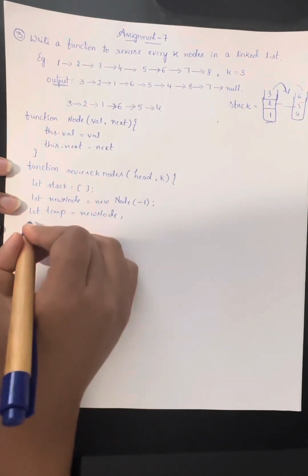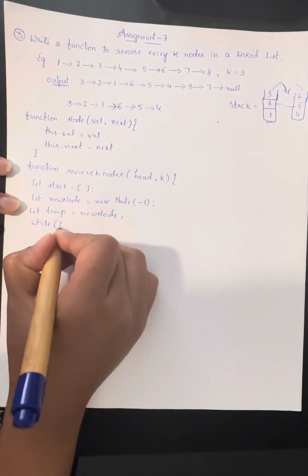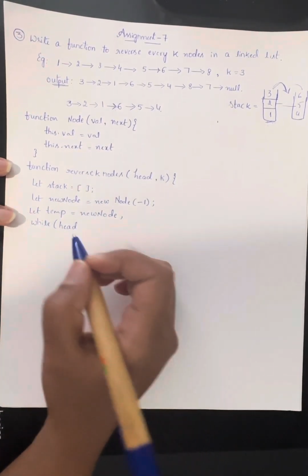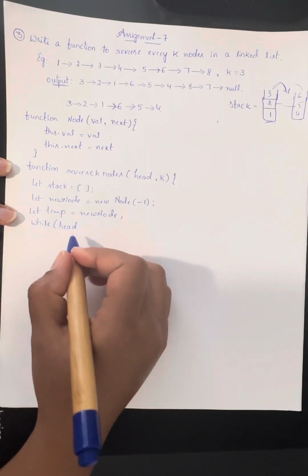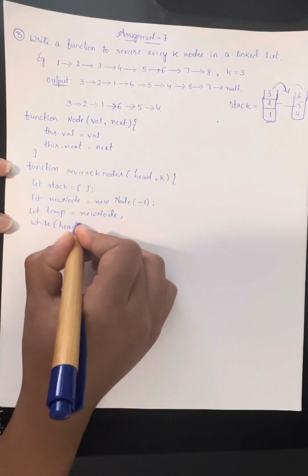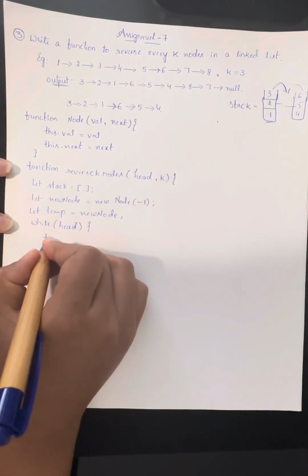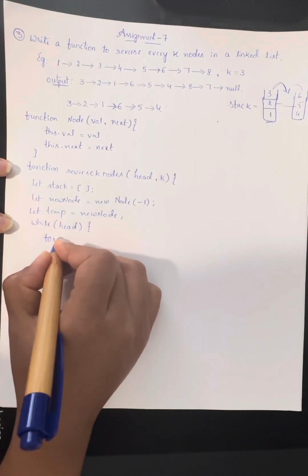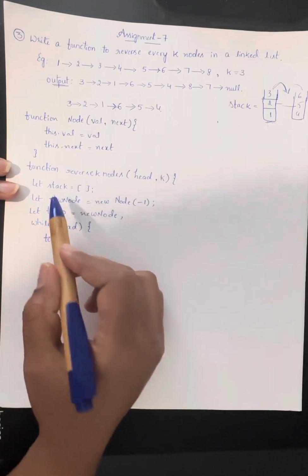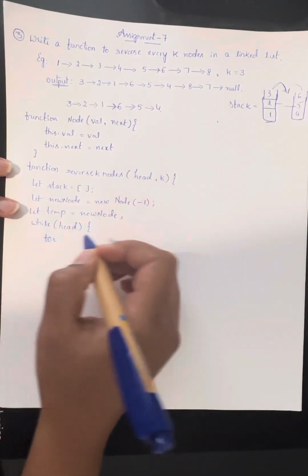Now I'll start iterating through the given list. I'm using a while loop, and the termination condition is that whenever the head becomes null, I'm going to stop the loop. So while head, I'll use a for loop so that I keep pushing the nodes to the stack until its length is equal to the given k.